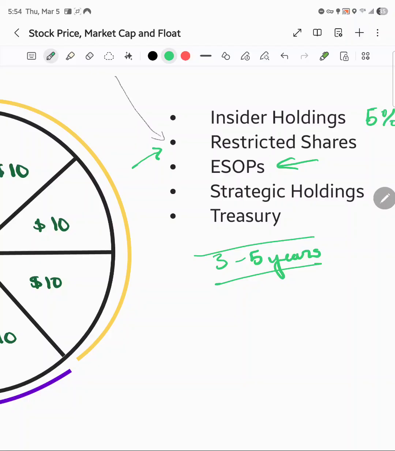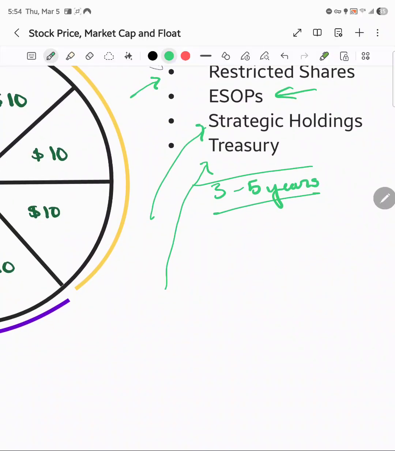So those are ESOPs. Strategic holdings are like, whoever bought it, they don't really intend it to trade. It could be the governments, for example. Let's say how the United States government bought a good chunk of Intel, right? So those could be strategic holdings. And then we have treasury stocks.